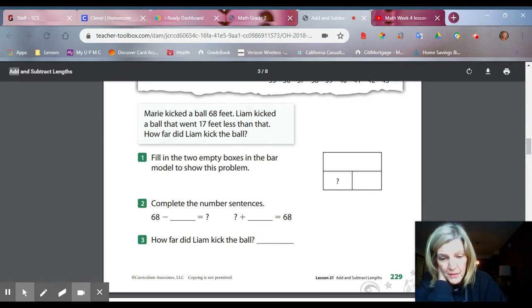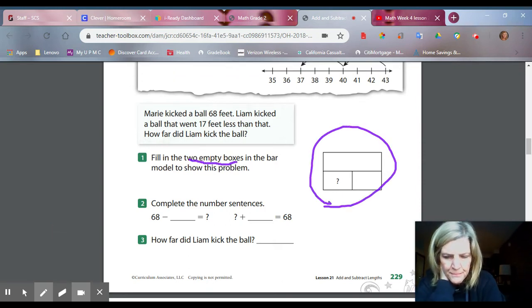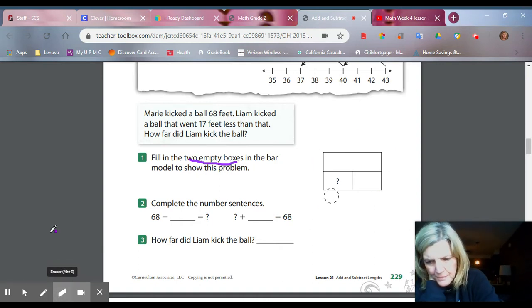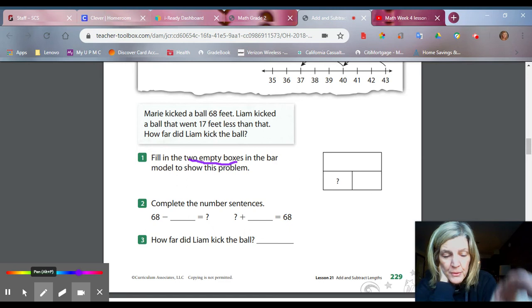And they want you to fill in the 2 empty boxes in the bar model to show the problem. So here's our bar model over here, and we need to fill those in. What is the total number of feet that Maria kicked the ball? Maria kicked it 68 feet.